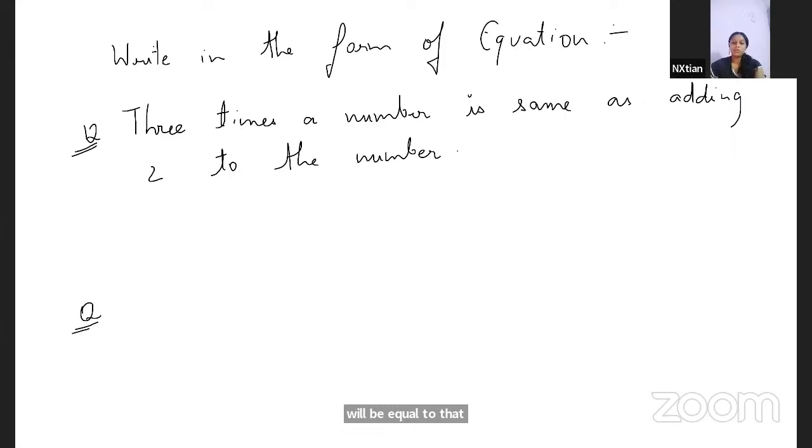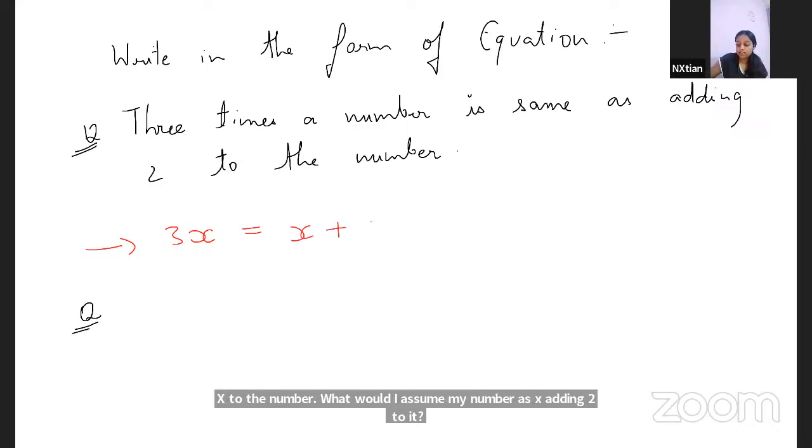If I assume my variable is x, my answer becomes 3x equals x plus 2.